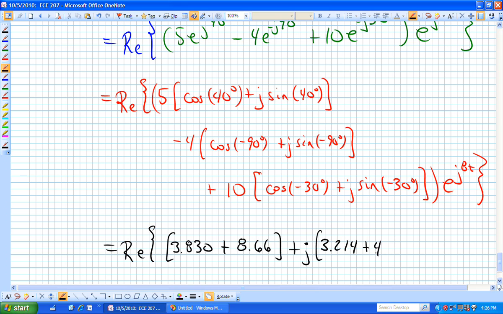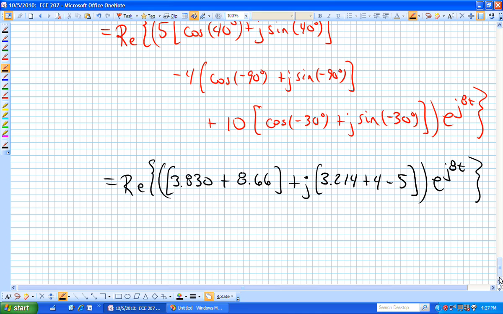Wait, sine of negative 30 is minus sine of 30. So let's do sine of 30. Sine of 30 is 1/2. I need to take care of the negative sign, and I now have minus 10 times 1/2, or that's now minus 5. And all of this is still spun at e to the j8t.